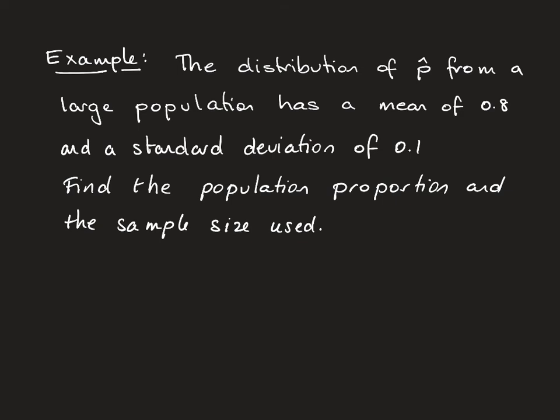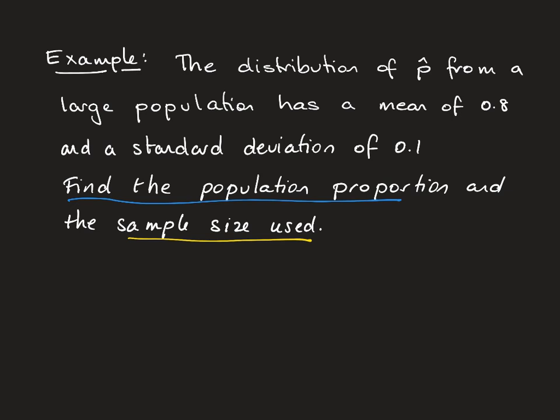The final sort of question that you see around this idea of a normal approximation is where they give you an indication that a normal approximation of the distribution has occurred, and then they ask you to find either the sample proportion or the sample size that was used to come up with the mean.